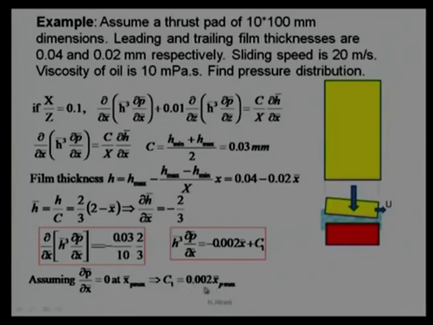We can know this is a constant value, and it can be further integrated without much problem. When you substitute this value, we get this expression. This needs to be integrated once more to find the pressure value, because this expression is giving us only the pressure gradient, it is not giving us a pressure value. We require a pressure distribution, we do not require a pressure gradient.